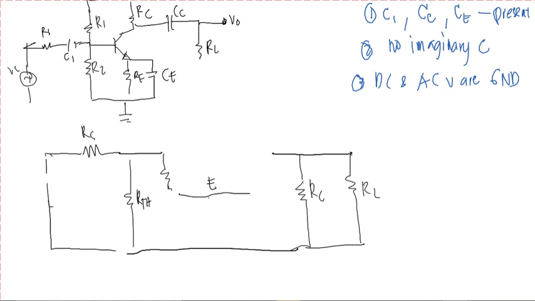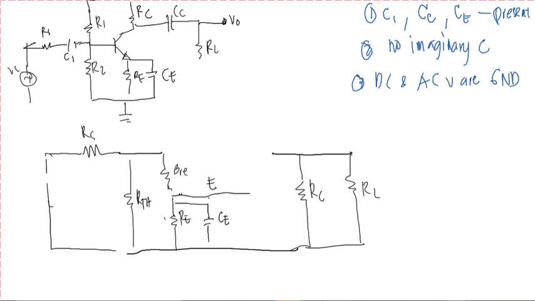So we have to consider CE. This is your beta RE, up here your E, this will be your resistance RE, and we have your bypass capacitance CE. We are not considering our beta IB here, but take note that in the previous one we considered it as an open source, so I will just remove it.